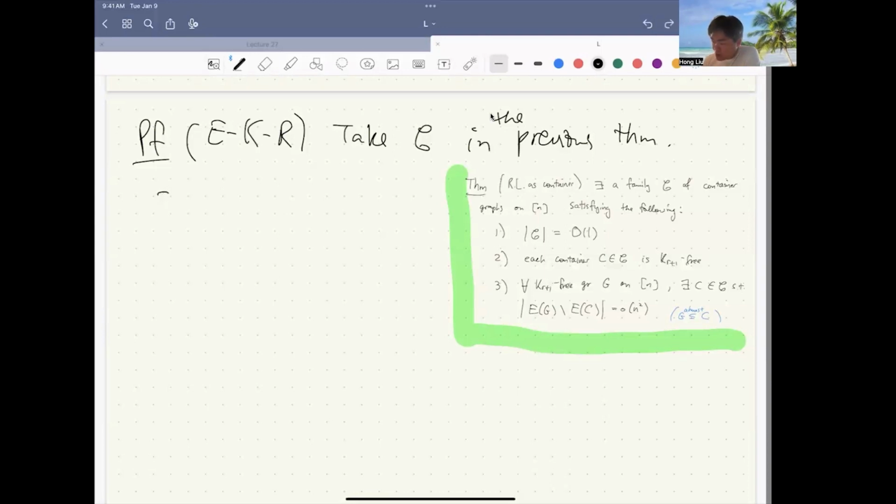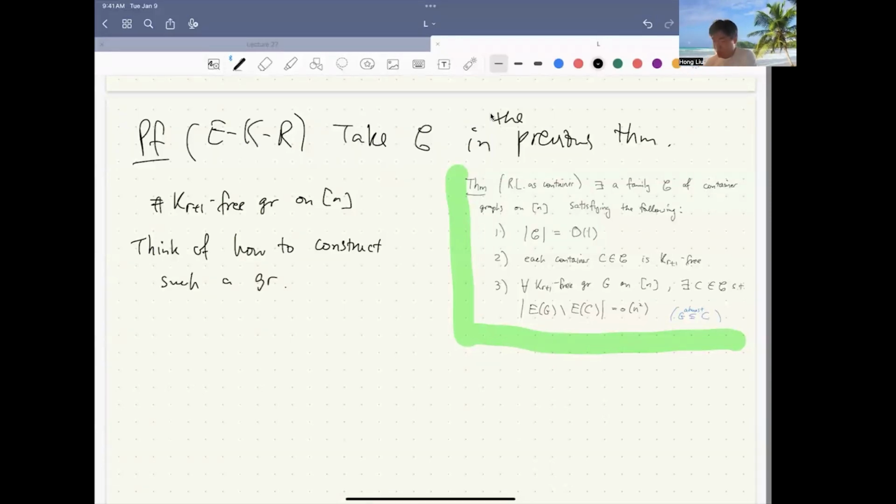Think of how we count the number of K_{r+1}-free graphs on n vertices. You just think of how to construct them, such a graph.